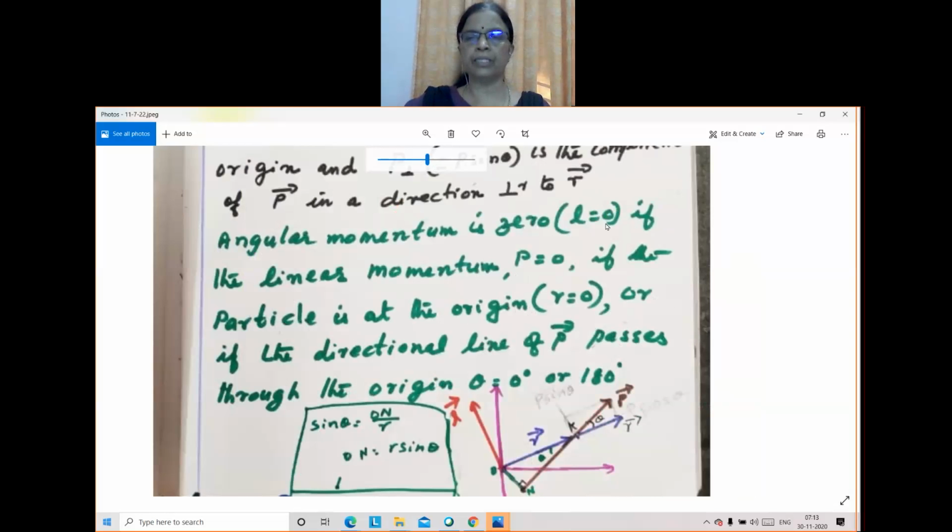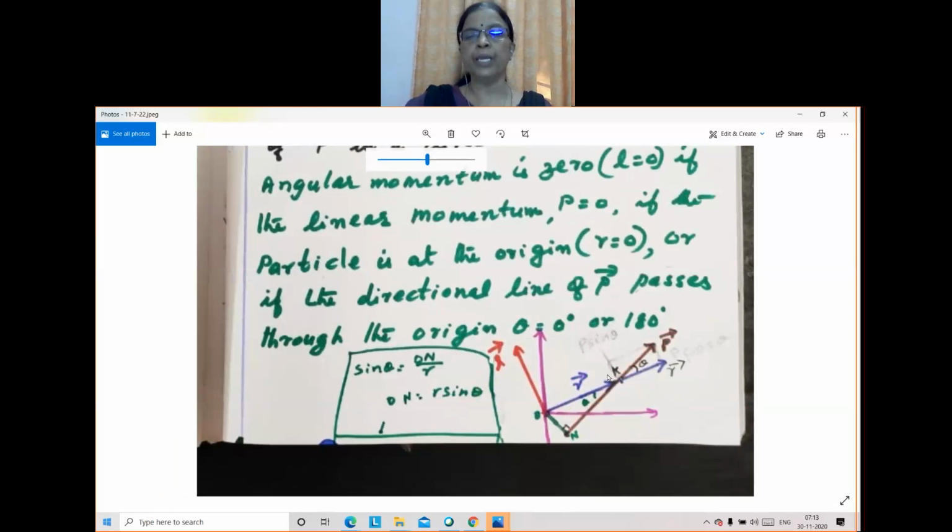So let us see that. What is the component of p in a direction perpendicular to r? Here this is the direction of momentum, and this is the angle theta. If this angle is theta, this angle also will be theta. When we take the rectangular components of p, we have two components.